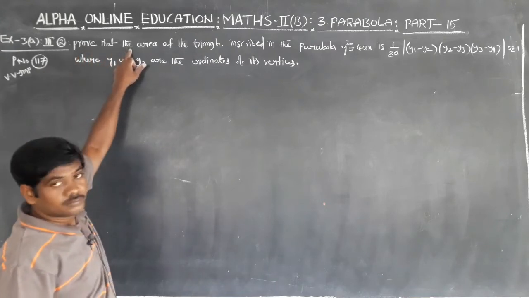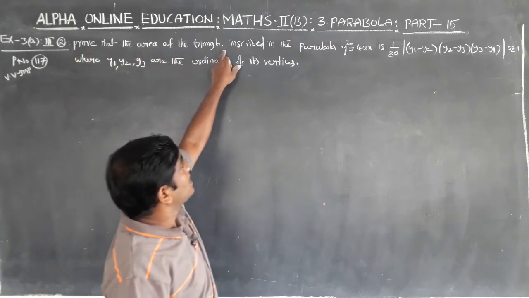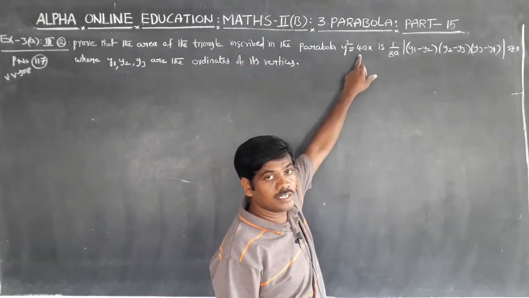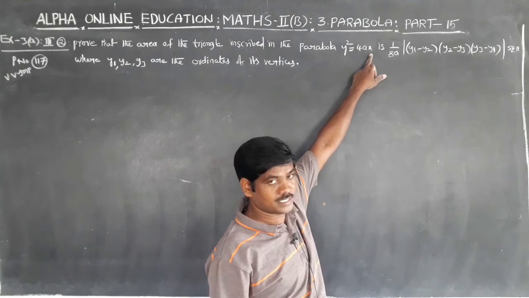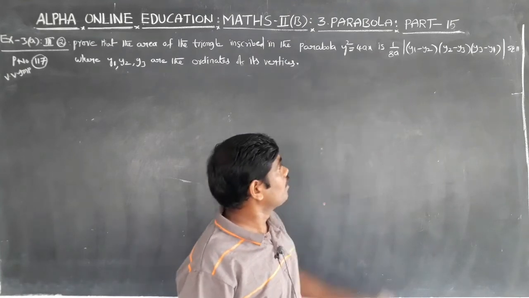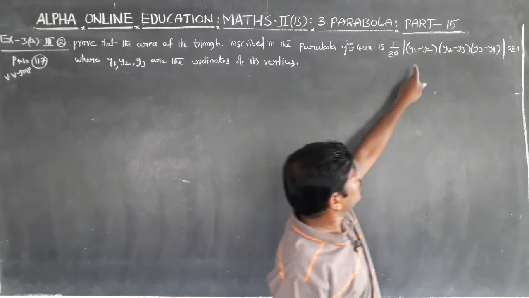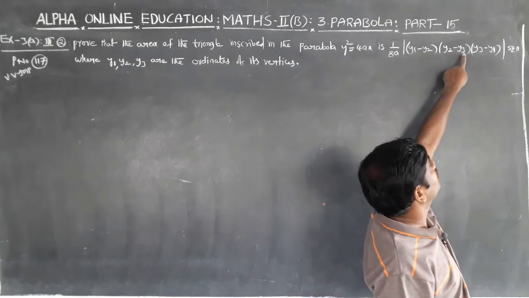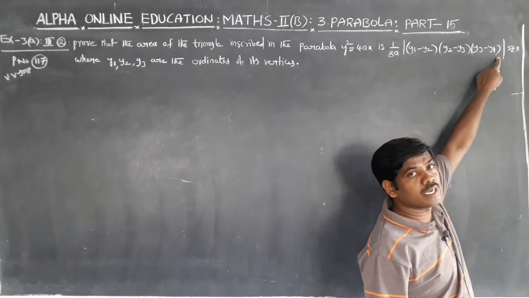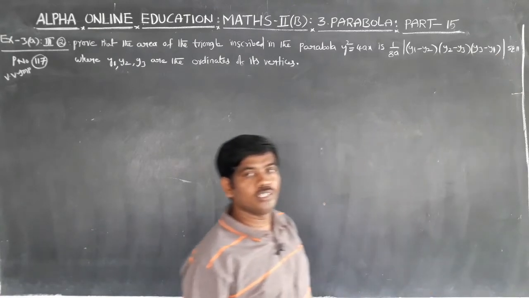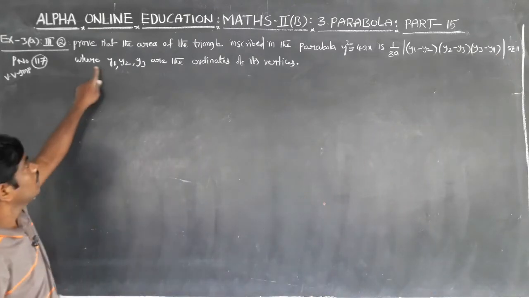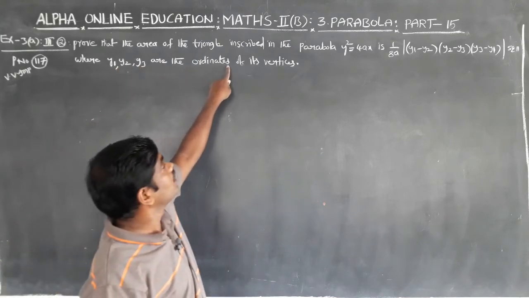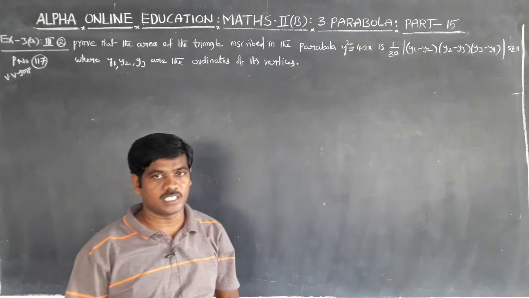Prove that the area of the triangle inscribed in the parabola y square is equal to 4ax is 1 by 8a mod of (y1 minus y2) into (y2 minus y3) into (y3 minus y1) square units, where y1, y2, y3 are the ordinates of its vertices.